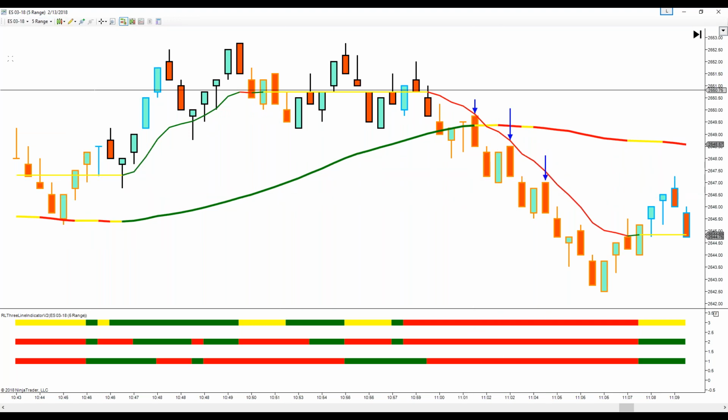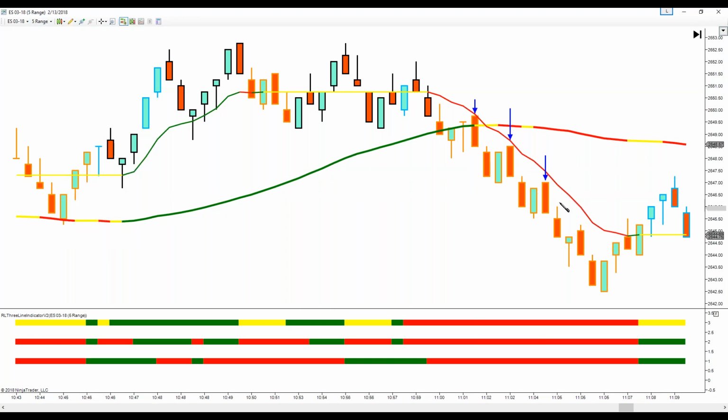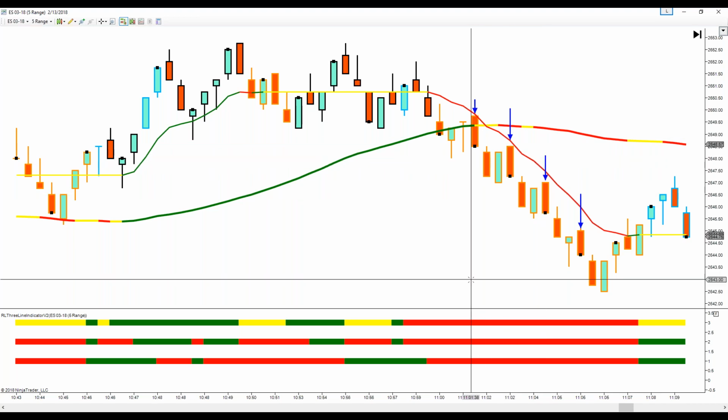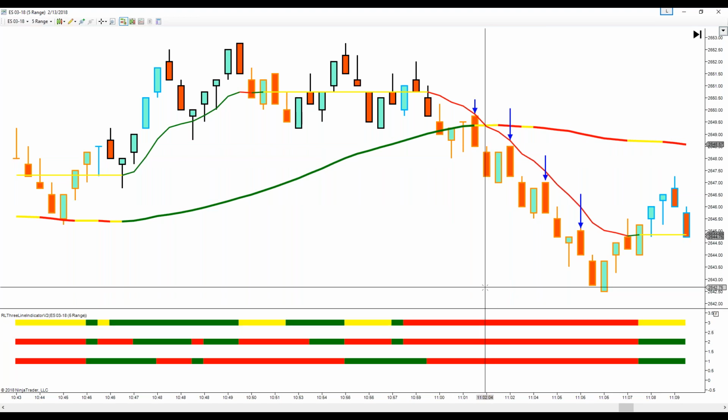Bang, bang, bang. Now, simply because I'm concerned about taking a 4th retracement in the trend, I did not take this trade short. But I went short, short, and short. And all 3 of these trades were with the 3 line, which I don't trade against.